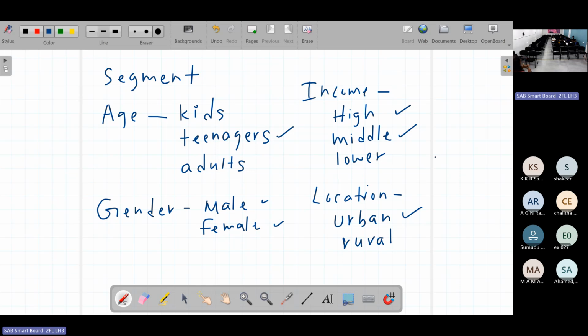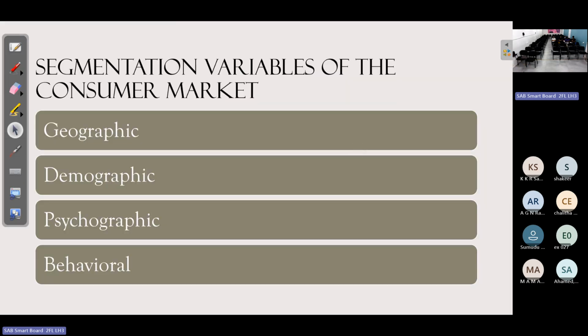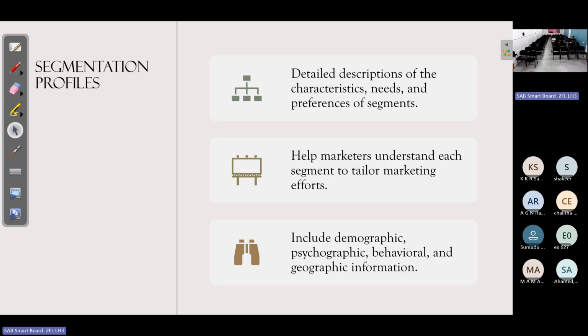Right? Now, for example, you prepare CVs. So in your CV, normally you include all the details relevant to you. In there, you include your personal information, qualifications, educational, professional experiences, then your skills, abilities, likewise. It's your personal profile, right? Something like that. We do create a profile for each segment by including information relevant to them. So when we are creating that profile, we can consider these different factors. Right? So that's the meaning of segmentation profile.